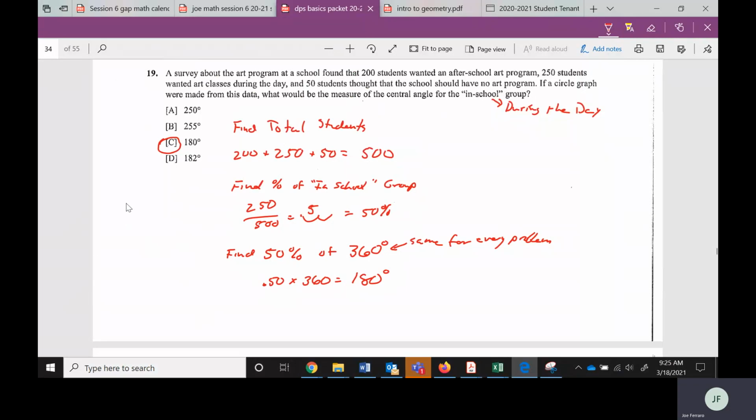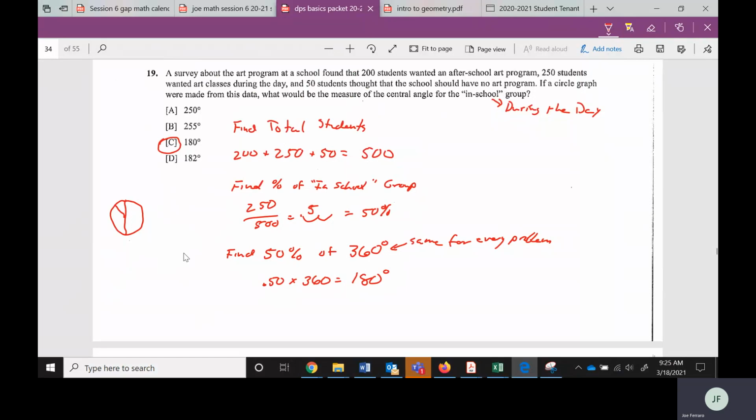So meaning if you drew your circle, 50% is easy. It's just a straight line, but that's actually a 180-degree angle. If we had to do the one I just talked about, you go here and you measure with a protractor 36 degrees. That would be the no art program. Okay, but it didn't ask you to make it, but I'm just showing you as an example there.